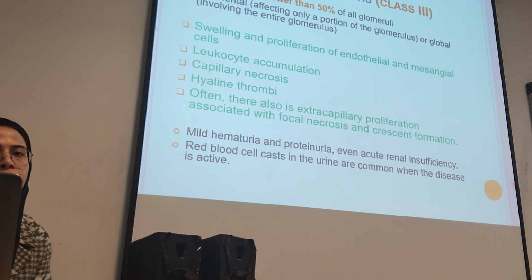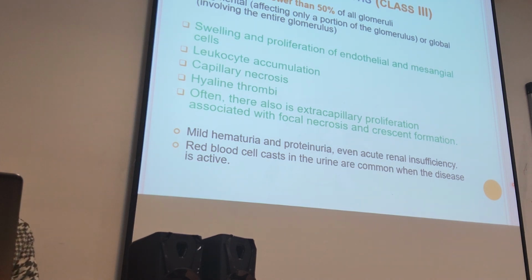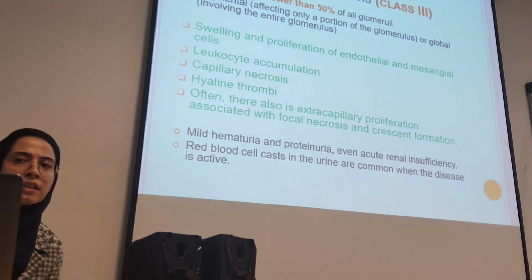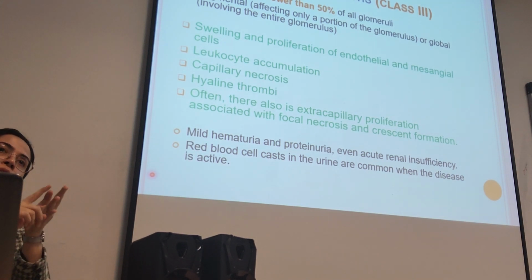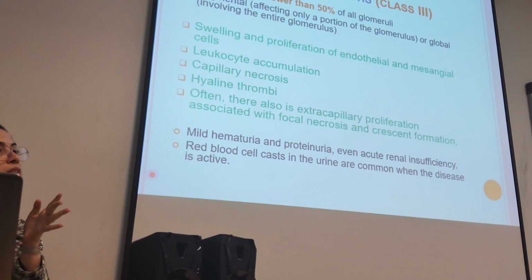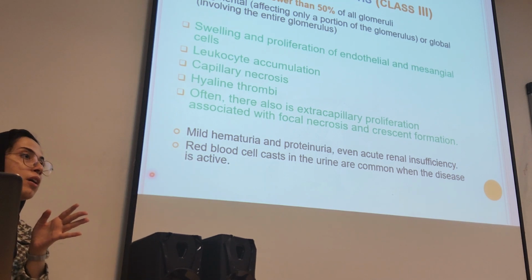And in class 3, we have focal lupus nephritis. We have changes which involve less than 50% of glomeruli. And what are the changes? We have proliferation of both endothelial cells and mesangial cells. So in class 1 and 2, the capillaries were not involved, but in class 3 and 4, we have involvement of capillaries.